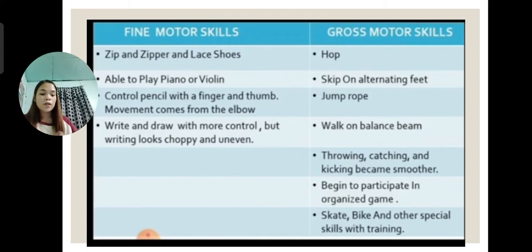So involved diri, for example, sa fine motor skills, zipping a zipper and lacing shoes, and able to play piano or violin and control a pencil with finger and thumb movement comes from the elbow. And also write and draw with calm control, but writing looks choppy and uneven. So mao na ang fine motor skills.